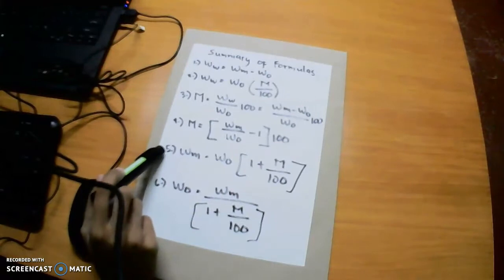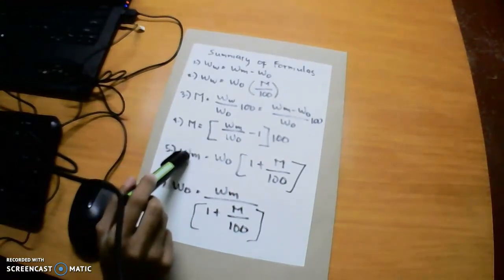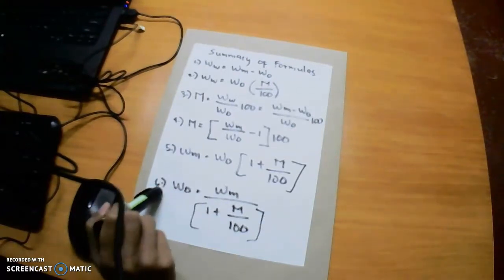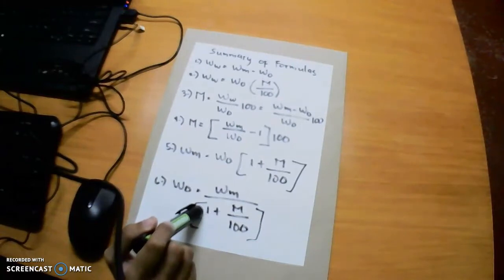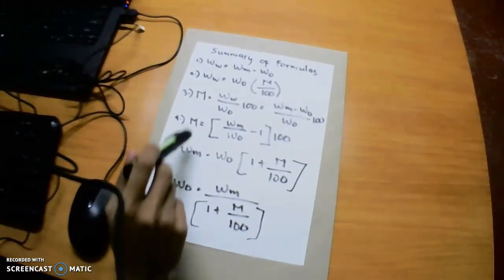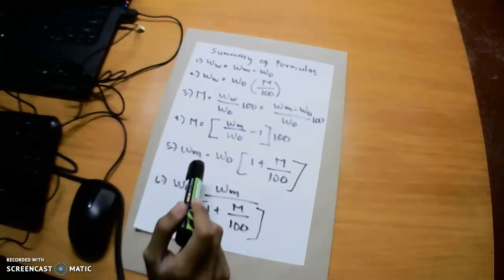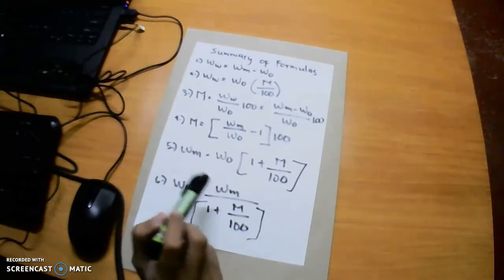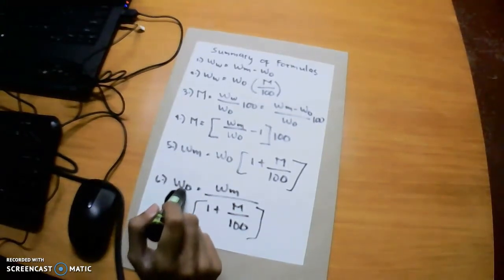And for number 5, imong ginbibiling at weight at particular moisture content. And number 6, the formula is used if you want to know the oven dry weight of the wood. Again, ayaw kalimot, dili ka makakompute ani nga mga required if wala kay at least duha nga given nga values. Kailangan at least nagyud kay duha nga given values in order for you to compute.